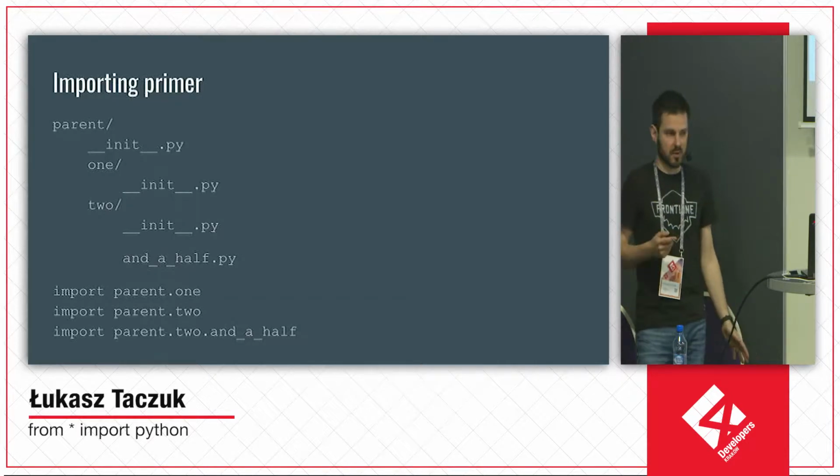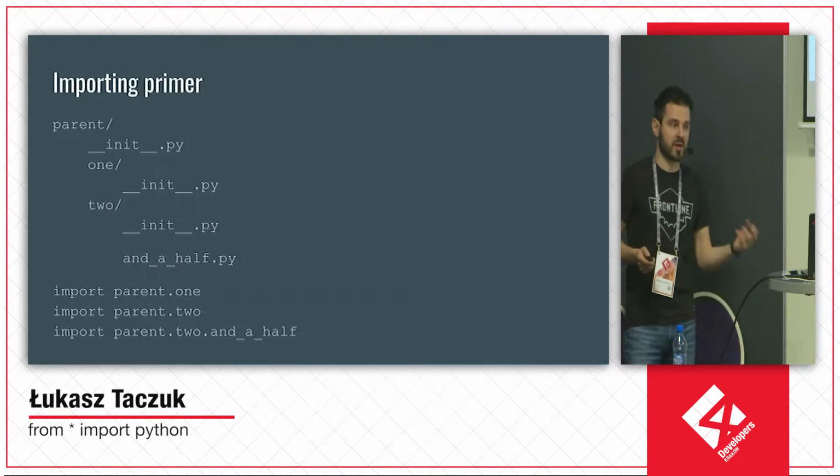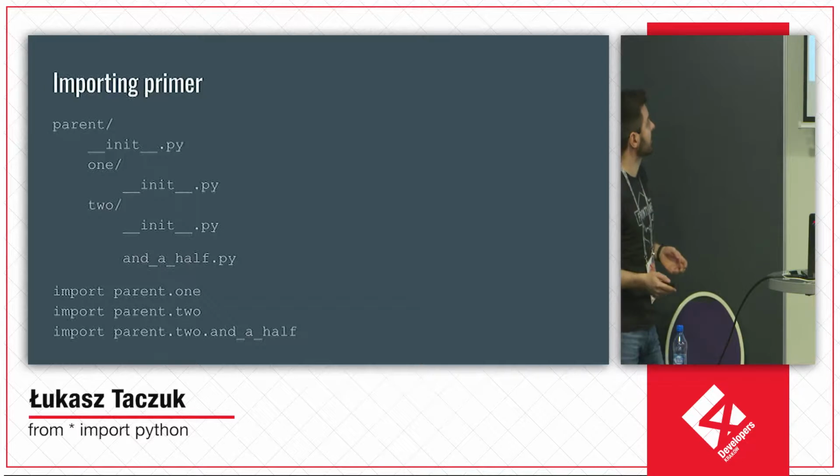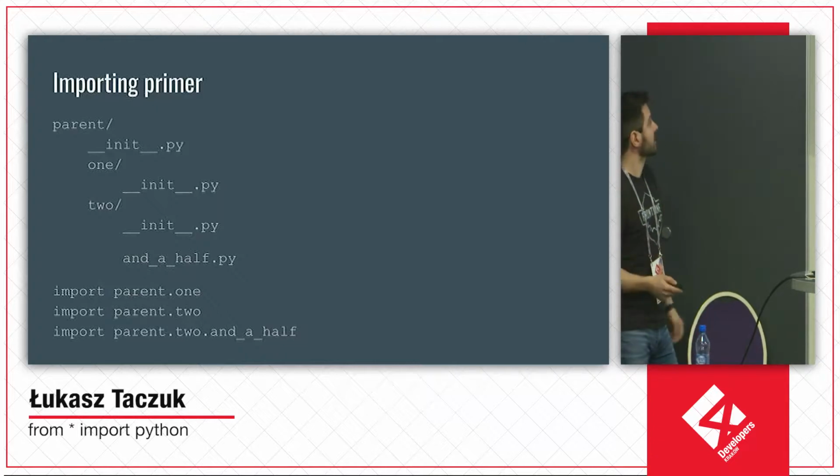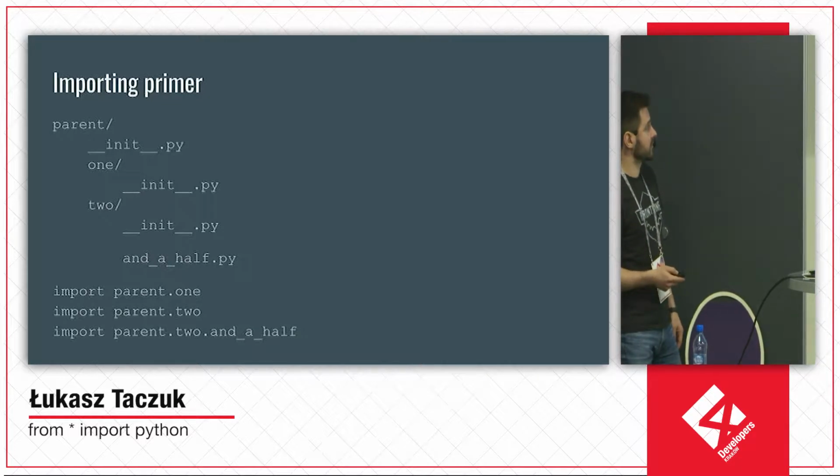Also, a quick primer about importing. If we have a directory called parent, it has two subdirectories, one called 1, the second one called 2. It has a few init.py files and also a file called and_a_half.